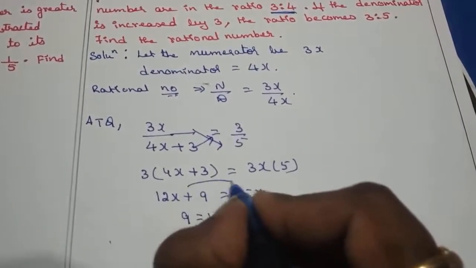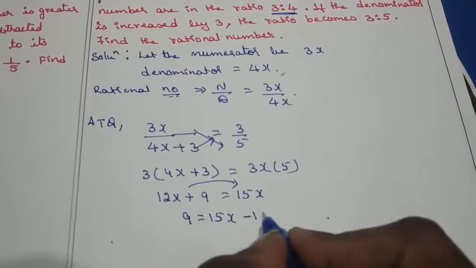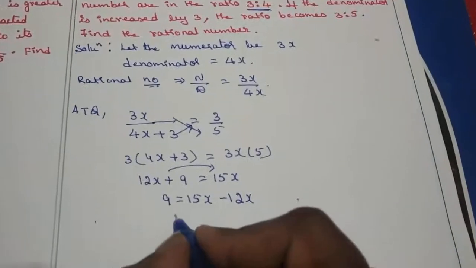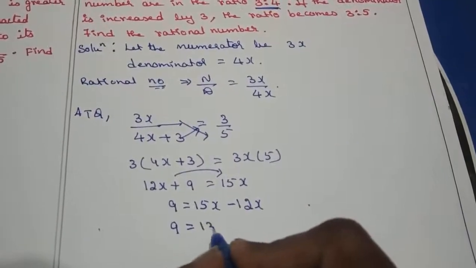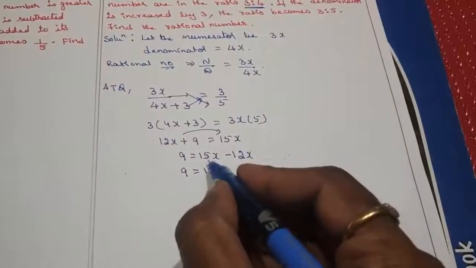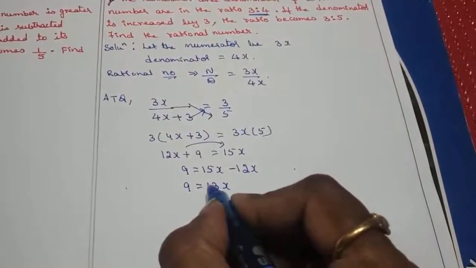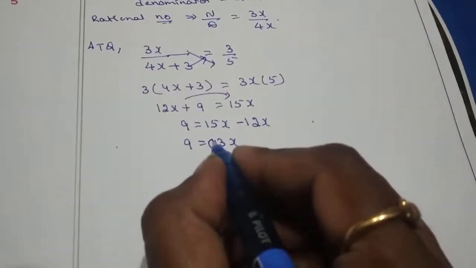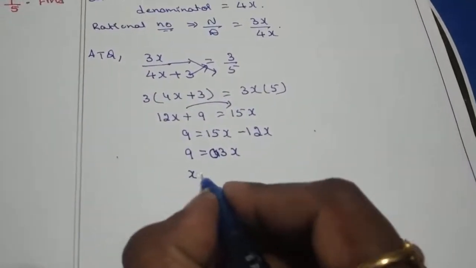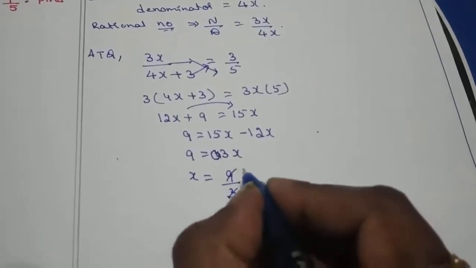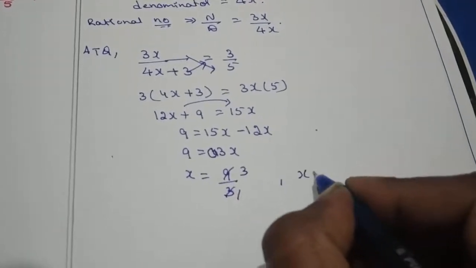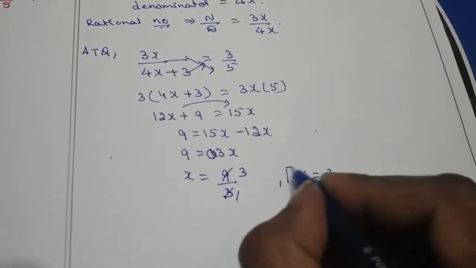So 12x goes to the other side, it becomes minus 12x. Then 9 equals 15 minus 12, which is 3x. Sorry, here 15 minus 12 is 3. Then x equals 9 divided by 3. 3 threes are 9. Then we got the x value as 3.